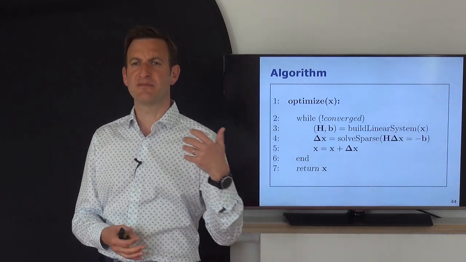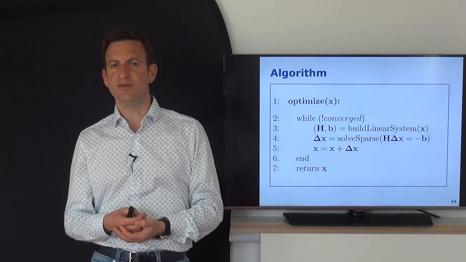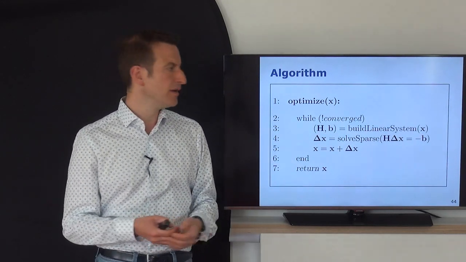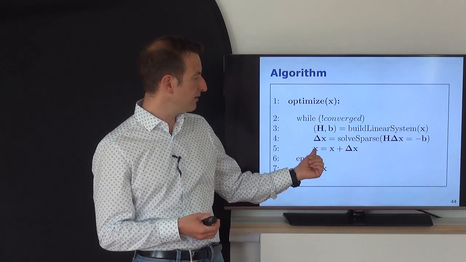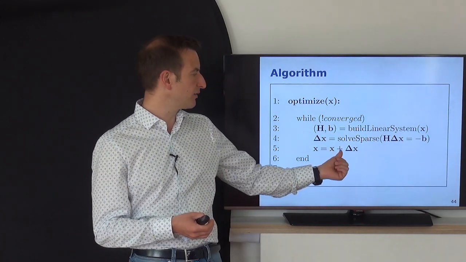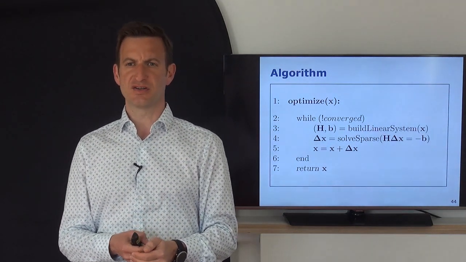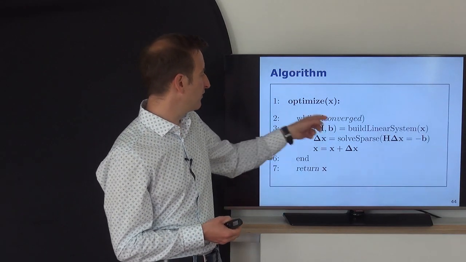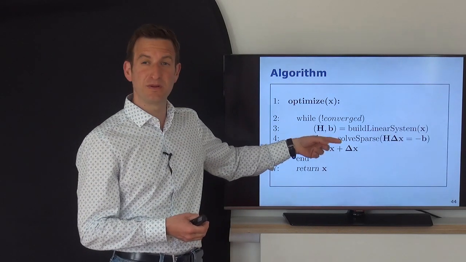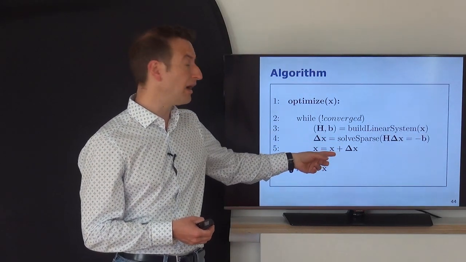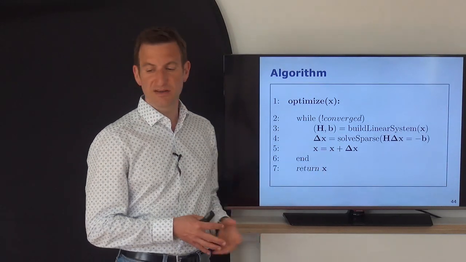But that's something that happens to be very transparent to you if you use the corresponding sparse matrix classes in your mathematical toolbox. And then you can say my new configuration is my old configuration plus my delta x, so my update from the previous initial guess. And then I repeat this process while not converged, just building the linear system, solving it, updating the state vector, and iterating until I'm done.